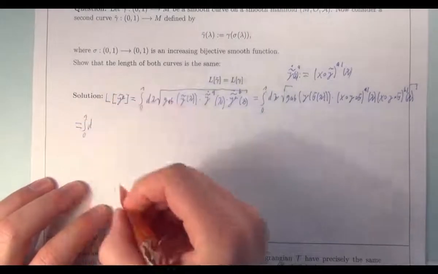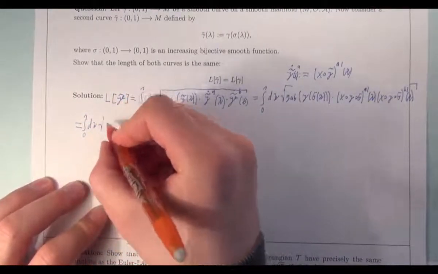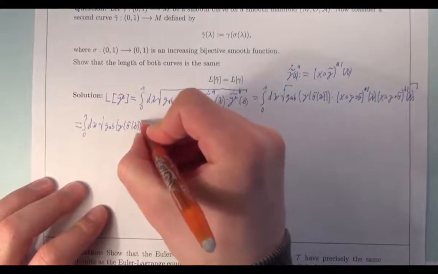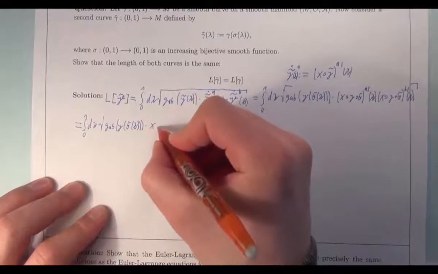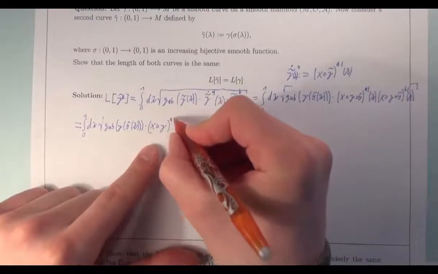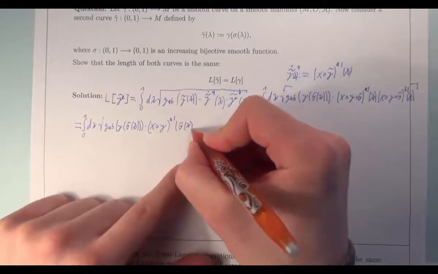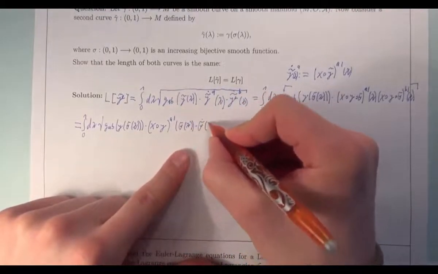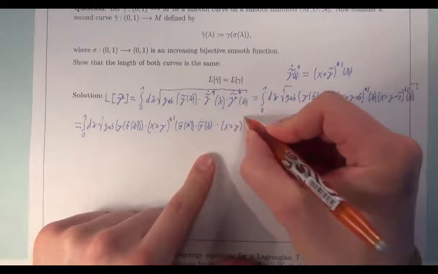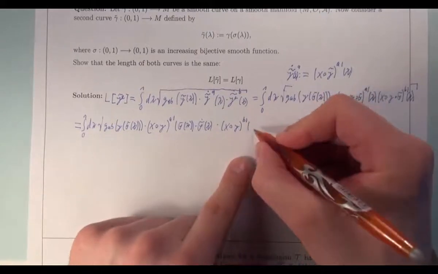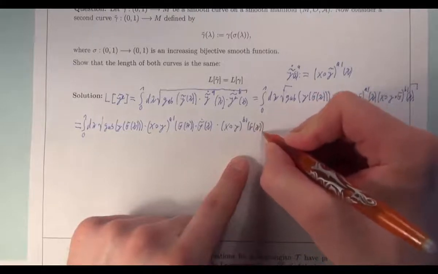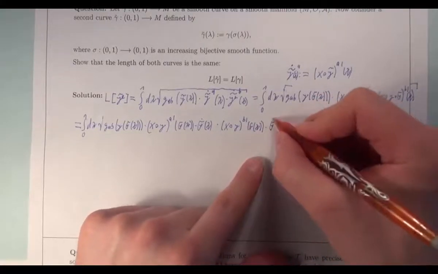In the next step, we first will use the chain rule. It's again the integral from 0 to 1 d lambda square root of g_ab of gamma of sigma of lambda, times, by the chain rule, outer derivative, x after gamma, a-th component, prime, evaluated at sigma of lambda, times sigma dot of lambda, the inner derivative, times x after gamma, b-th component, the derivative taken, evaluated at sigma of lambda, times the inner derivative, sigma dot of lambda.